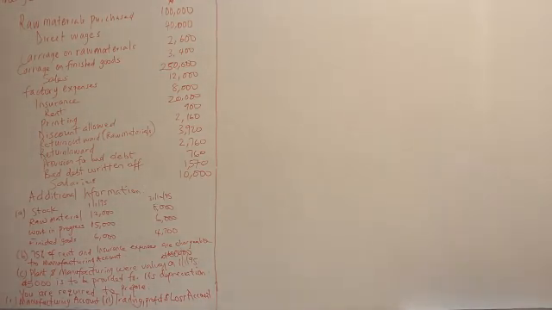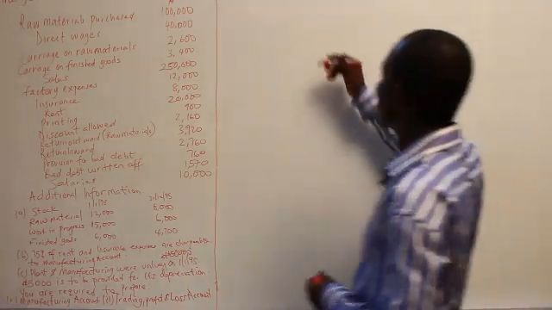So we are required to prepare manufacturing account and trading profit and loss account for the year ended 31st December 1995. So we can have the solution.